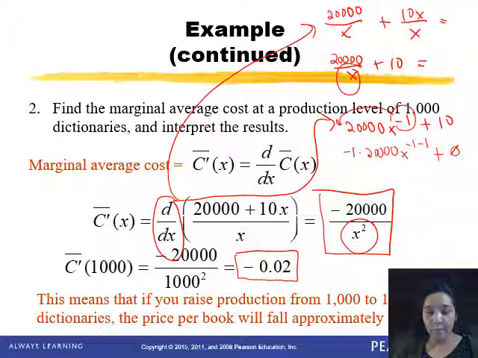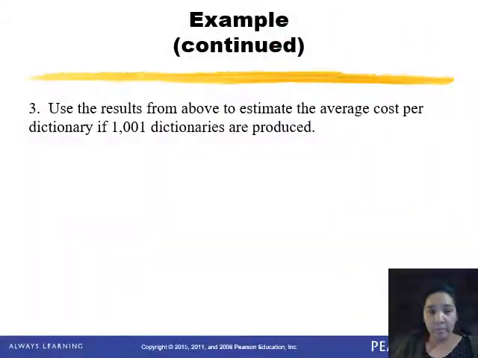This means that if you raise production from 1,000 to, I believe it's 1,001, the price per book will fall approximately 0.02 cents. So let's use the results from numbers 1 and 2 to estimate the average cost per dictionary if 1,001 dictionaries are produced.